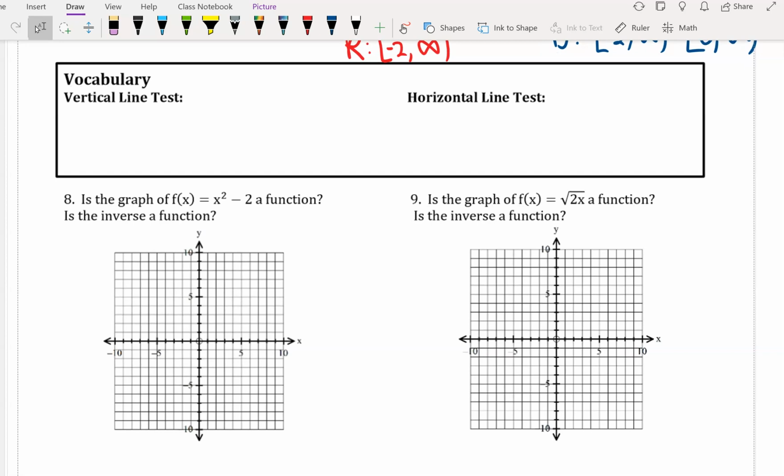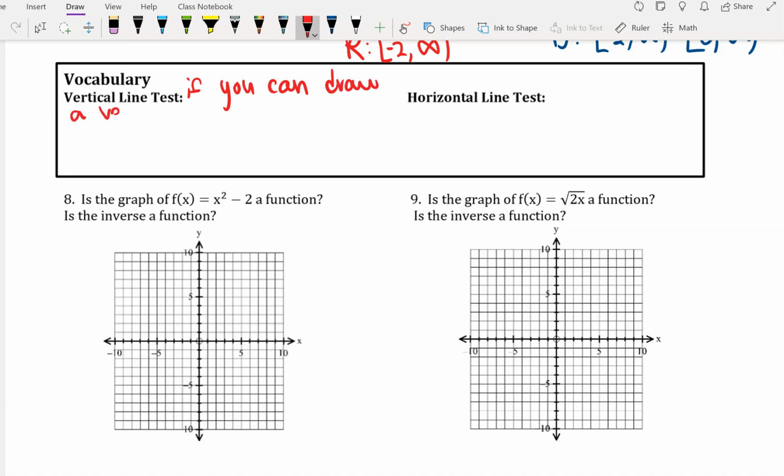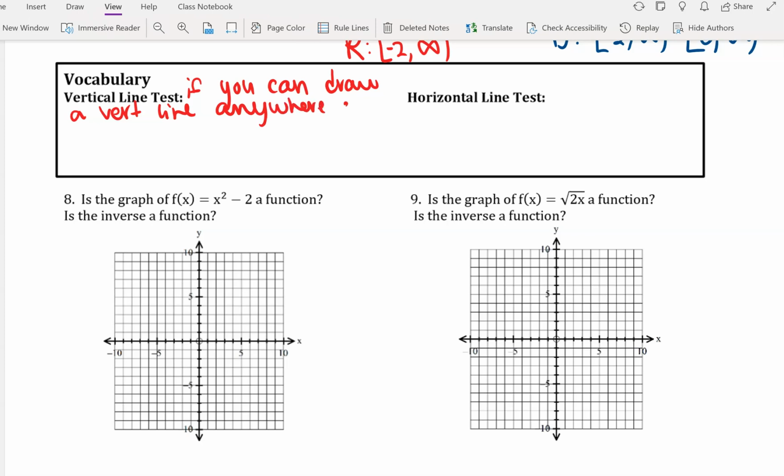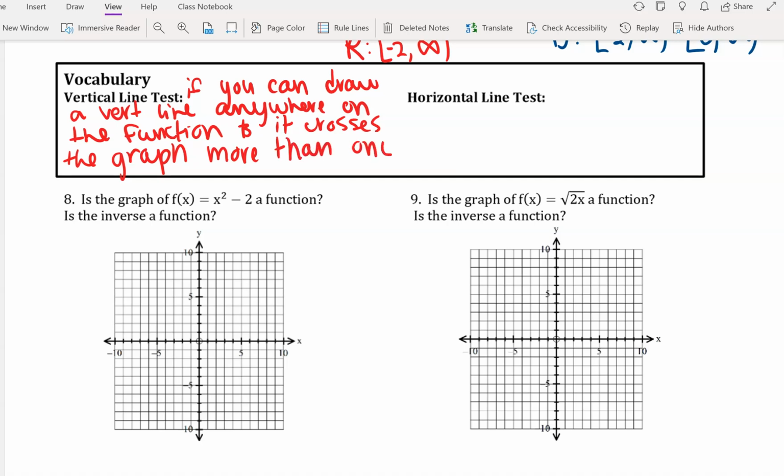A vertical line test is if you can draw a vertical line anywhere on the function and it crosses the graph more than once, it is not a function. We'll talk about that more in just a second.